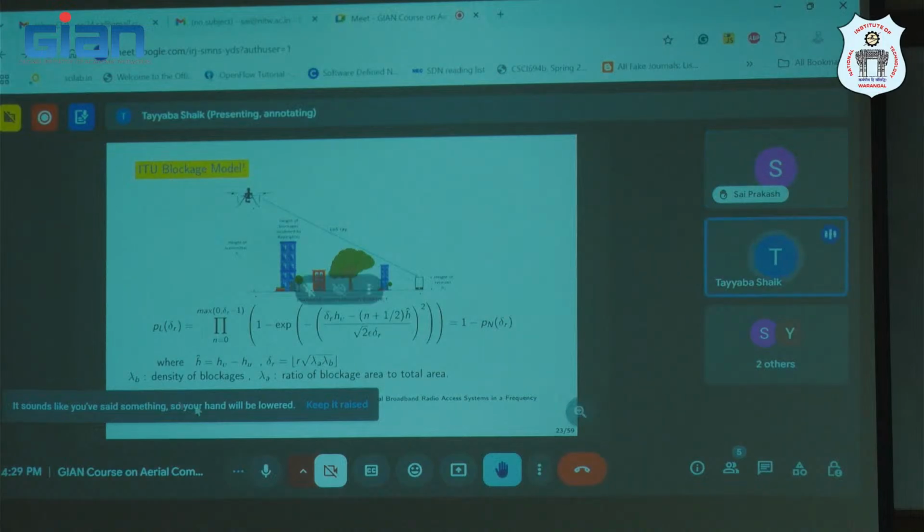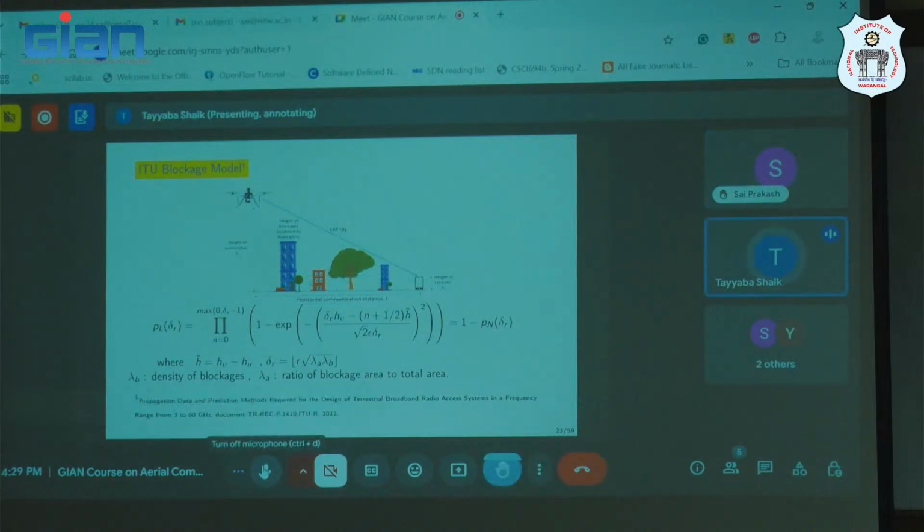Epsilon is the average building height in a given environment. There are values given for epsilon, delta R, lambda A and lambda B for each environment. If it is suburban, there are some predefined values. There is a square root 2 epsilon delta, right? Epsilon is the average building height.